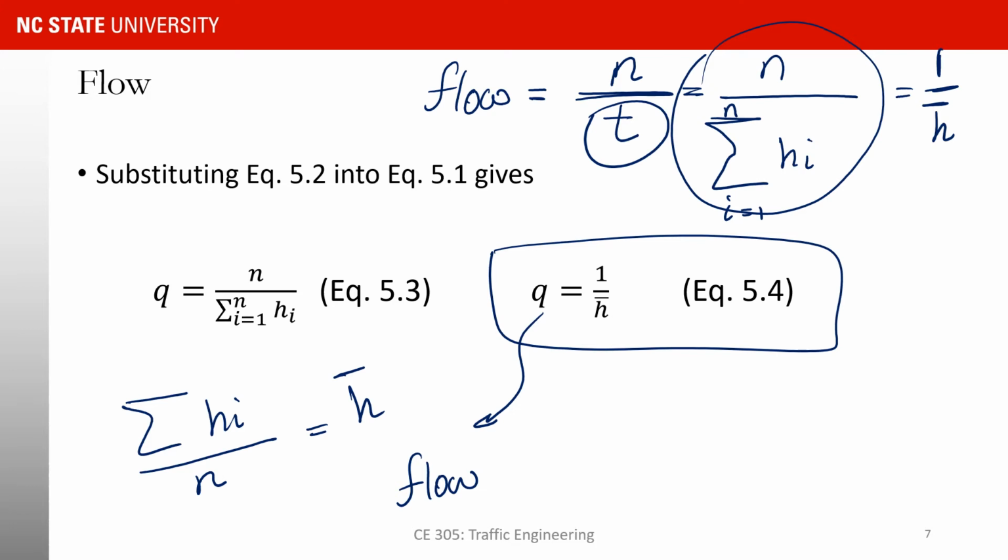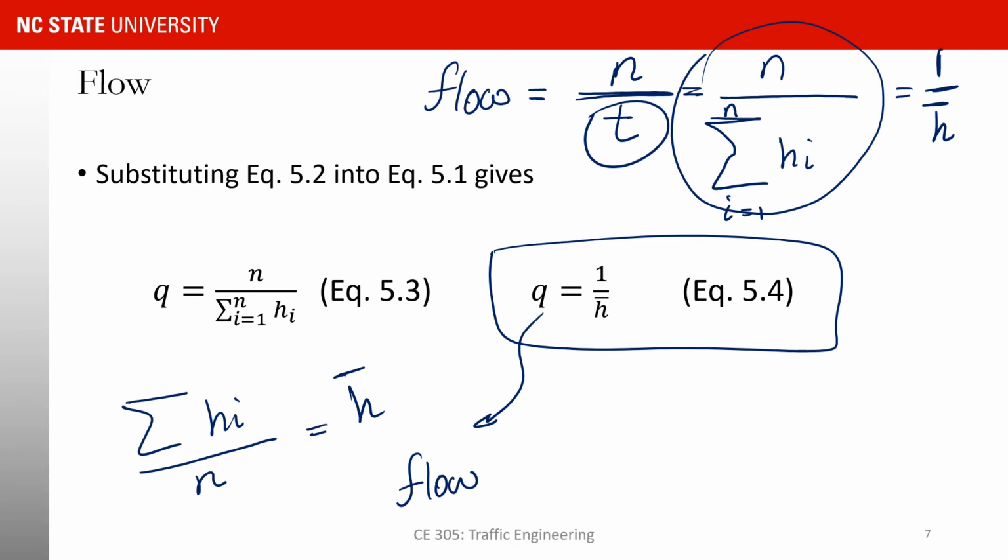So if someone tells me that the average headway between vehicles is, for example, 2 seconds, I can find what is the flow. And if someone tells me that the flow is 1800 vehicles per hour, based on that, I can find the headway. I just need to be careful with the units of these, because if someone gives me headway in seconds, I'm gonna get flow in vehicles per second.